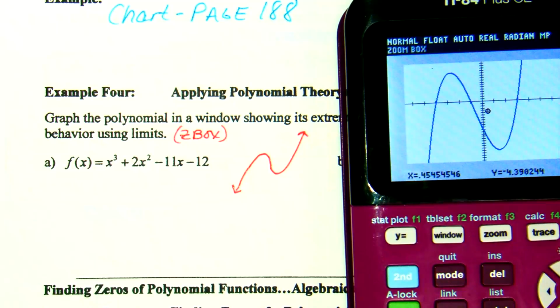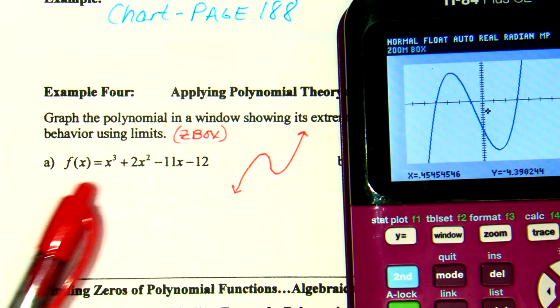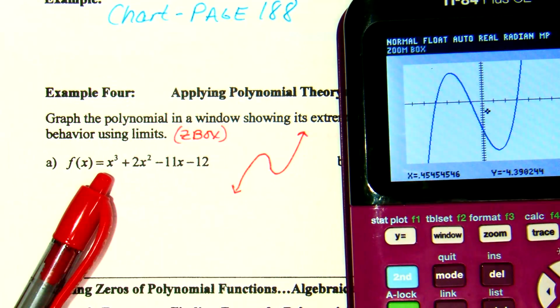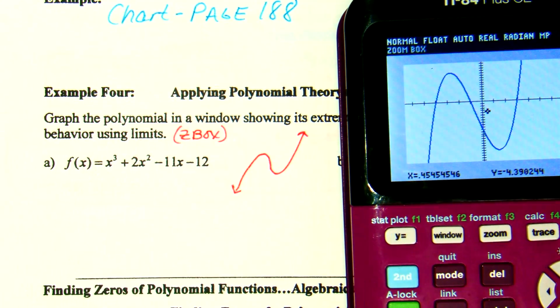I should have asked before we started, but okay. Based on, if this is degree 3, should have phrased that differently too. Okay. Do we agree this is degree 3? Yes. It's a power of 3, right? Based on degree 3, at most, how many extrema could we have here? 2 extrema, yes?